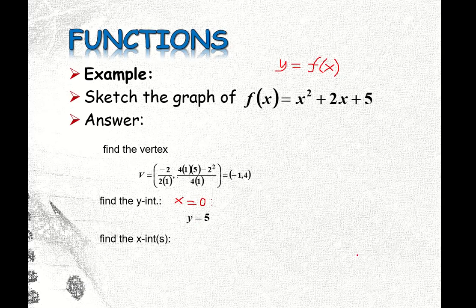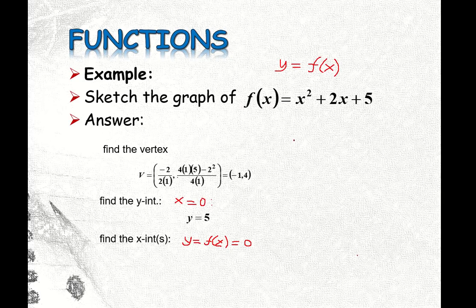Now for the x-intercepts, you need to set the y value, which is equal to f of x, to 0 and solve for x. So set y equal to f of x equal to 0, and using the equation above, you can solve for x.